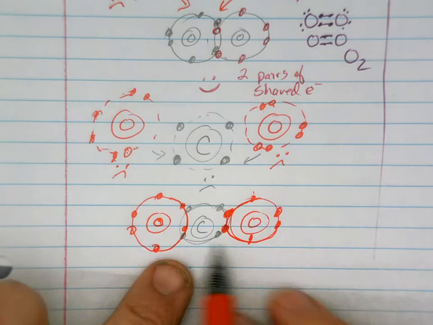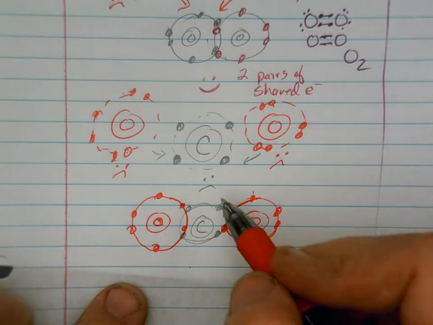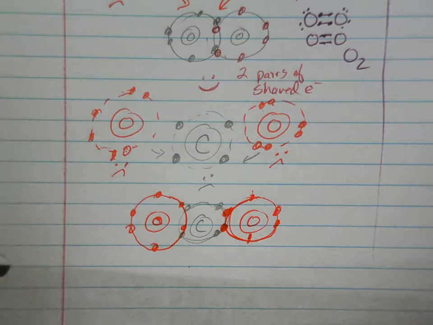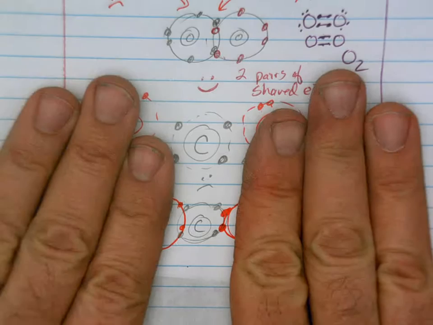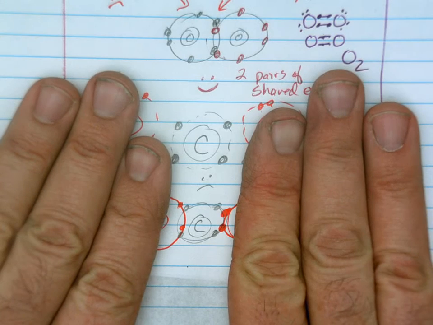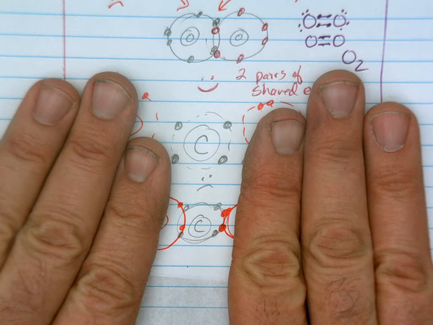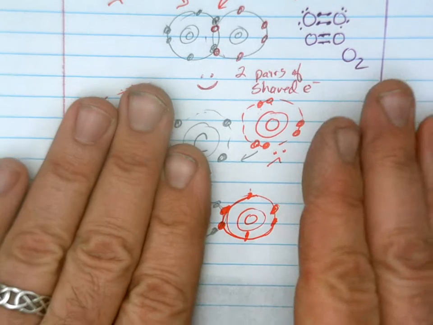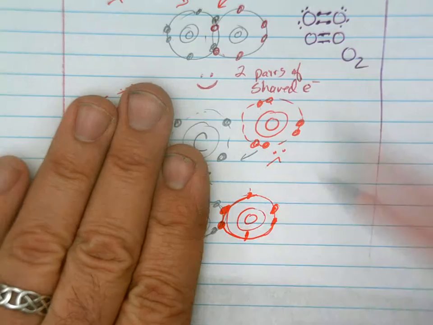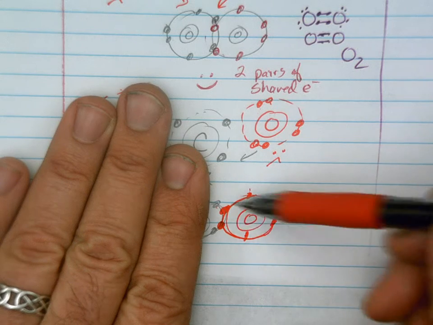So now what we've got, I know it's kind of clunky here, but let me cover up these oxygens for a moment. For a million billionth of a second, this carbon has 4 red electrons, 4 of its own electrons, for a total of 8 electrons in its valence shell. For the next fraction of a moment, this oxygen is sharing those 2 electrons, so it has 8 electrons.